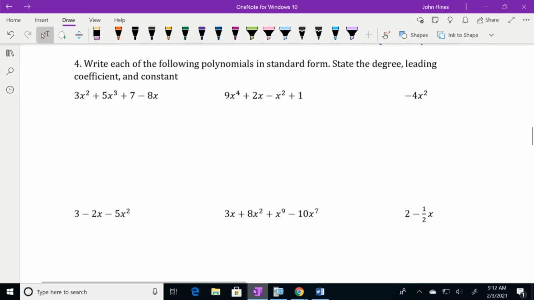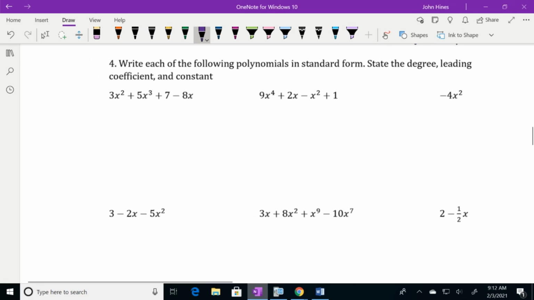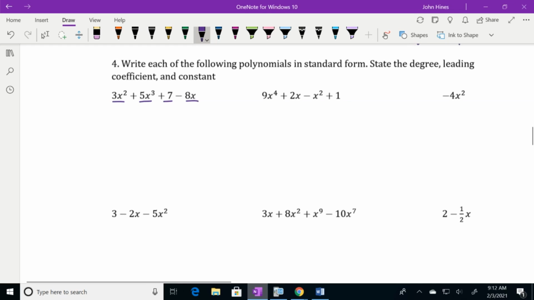All right, write each of the following polynomials in standard form. So let's write them in standard form and see how we go from there. We got to write these guys in order. So who is the highest power? Well, 5x to the third. Then comes the squared. Then comes the x. Then comes the number.